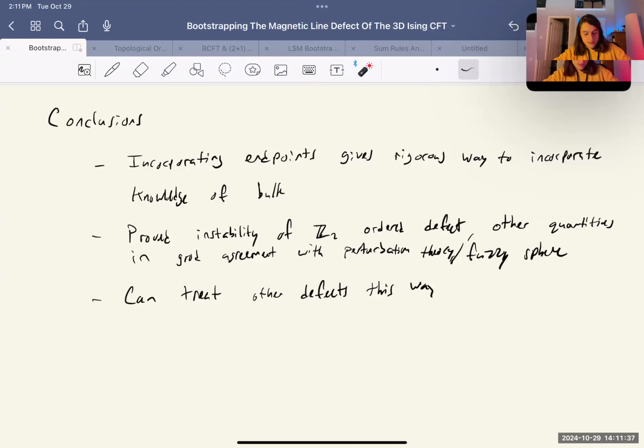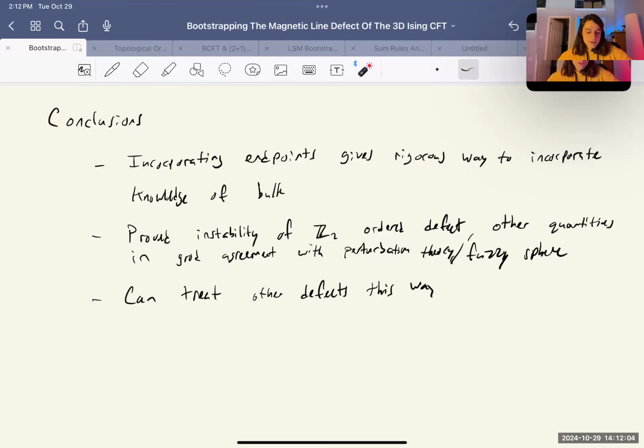apparently there are some difficulties in using bootstrap to understand 3D gauge theories, or really the conformal fixed points associated with gauge theories plus matter in the IR, let's say gauge matter theories. It seems like a part of the story could be things like Wilson lines in these theories.